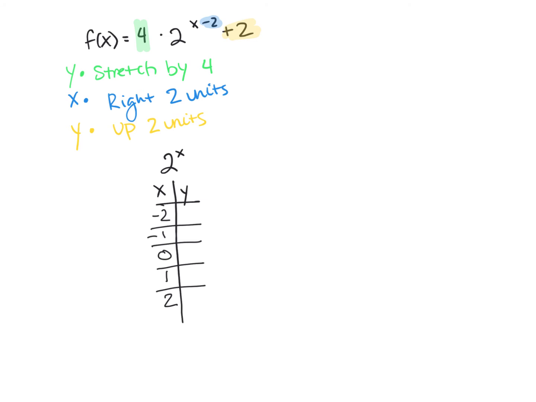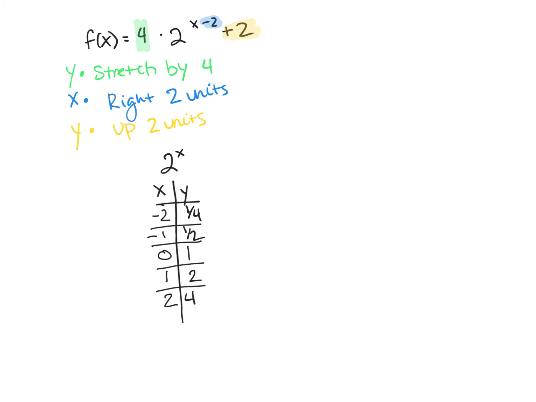And we're going to plug them into this function. 2 to the power of 2 gives us 4. 2 to the power of 1 gives us 2. If we plug in 0, anything to the power of 0 gives us 1. And then just remember, if we put in a negative exponent, it becomes a fraction. So 2 to the -1 becomes 1/2. And 2 to the -2 becomes 1/2 squared, or 1/4. So this is what the parent function looks like for 2 to the x.